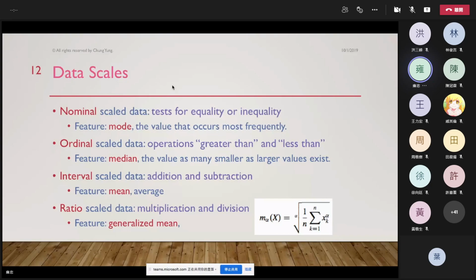But the key point is that if the data may be multiplied with each other, then it's ratio scale data. If the data in this set may be added together, then it's interval scale data. For ordinal data, we can compare greater than or less than. For nominal data, we can only test for equality.